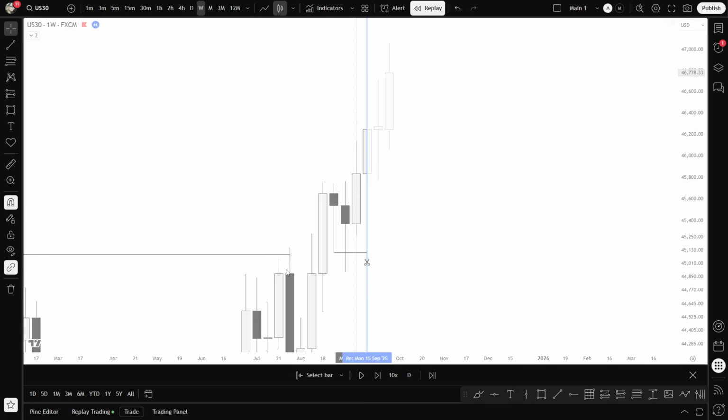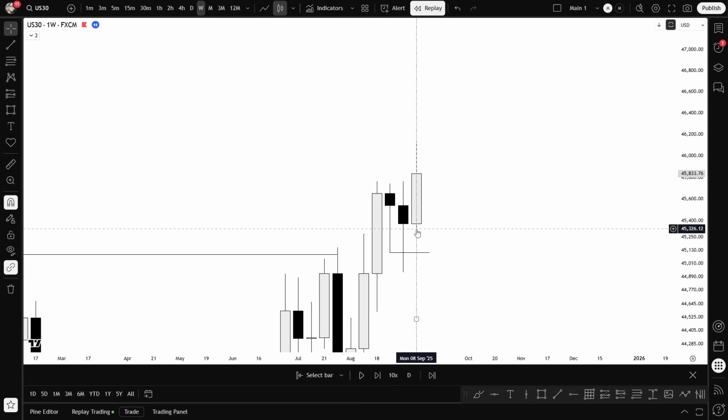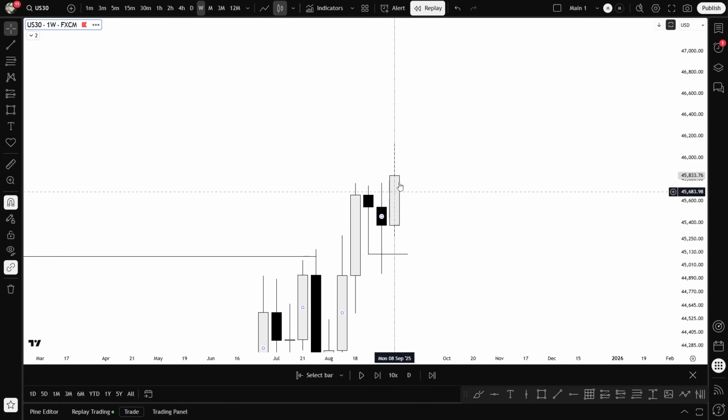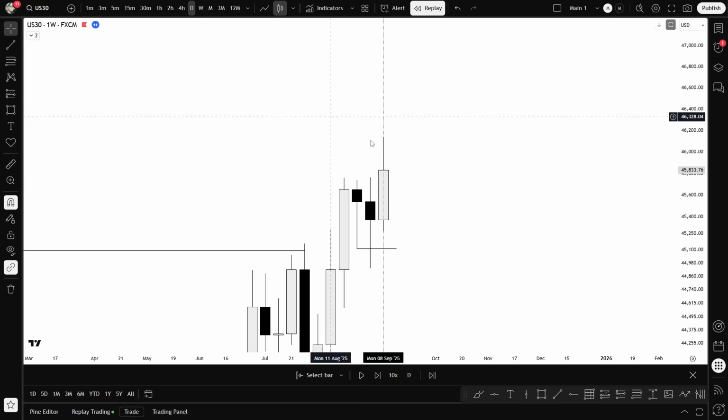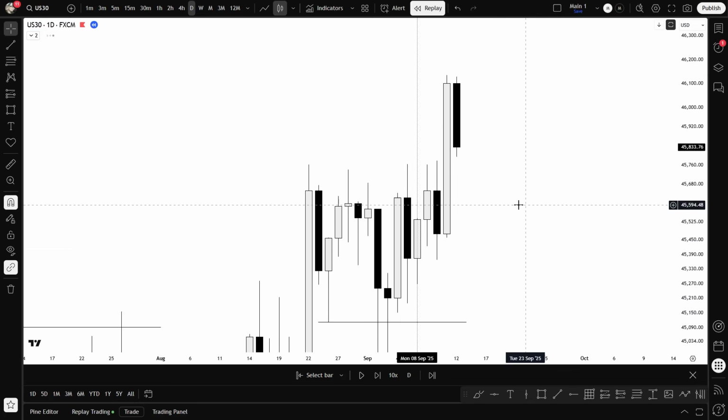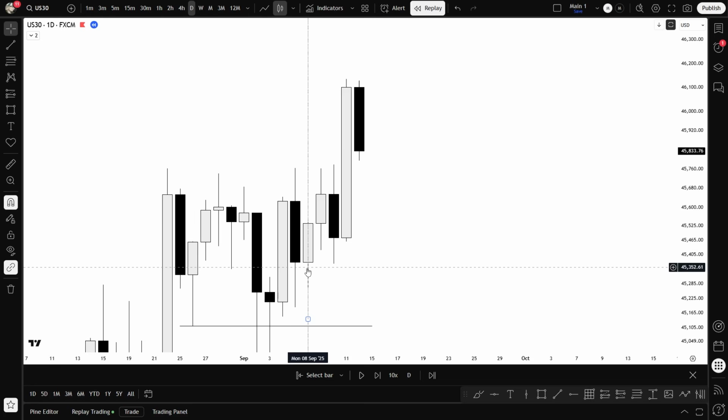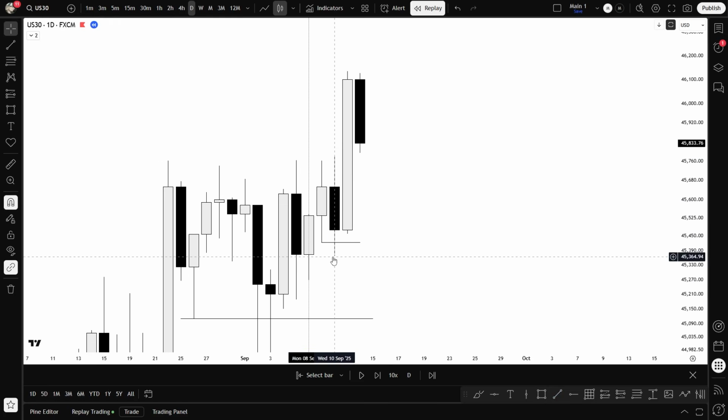For this weekly expansion, what do we need? We need a daily manipulation or daily swing. If you go to the daily, we see Monday open high, so still no manipulation. We have Tuesday open high, and we have Wednesday manipulation.